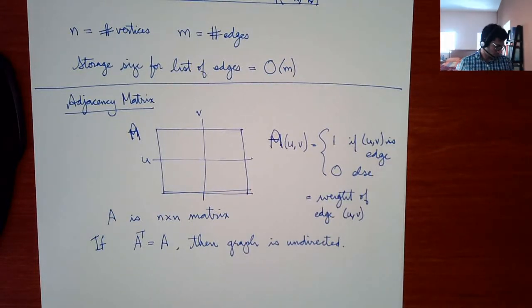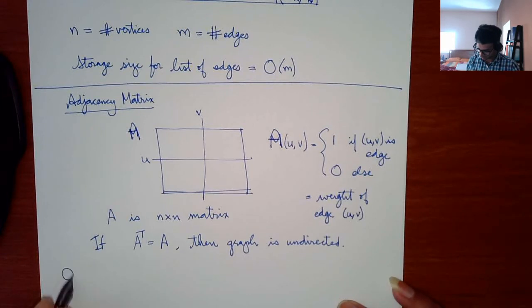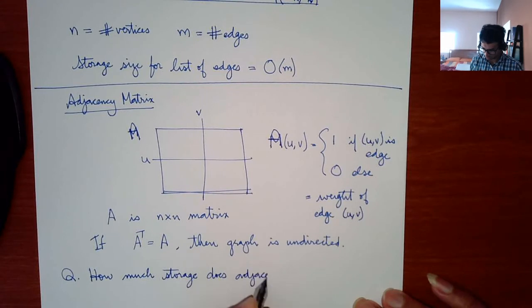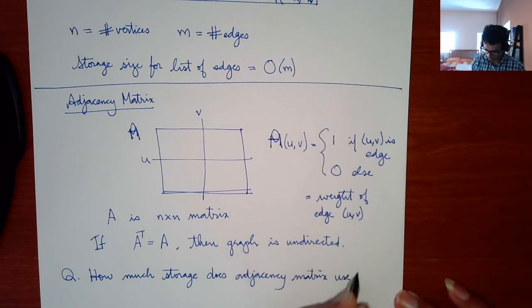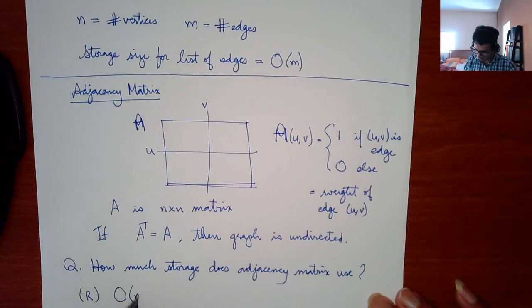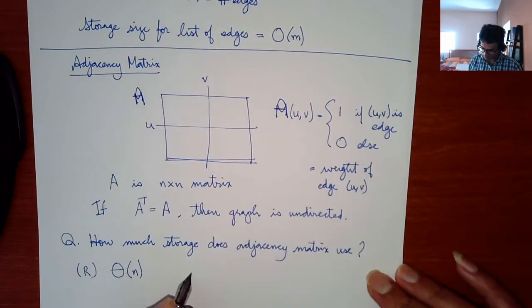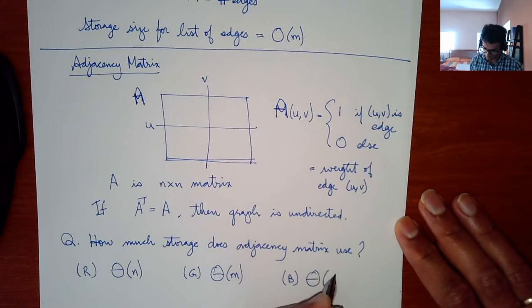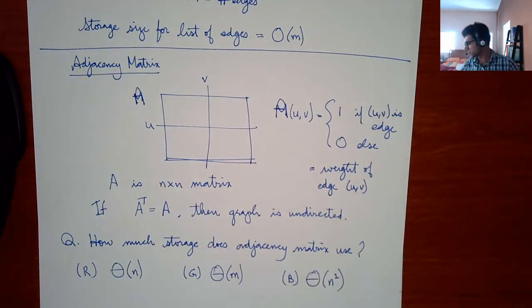And now here is the question: how much storage does the adjacency matrix use? Is it basically theta of n? Is it O of m or theta of m, or is it theta of n squared?